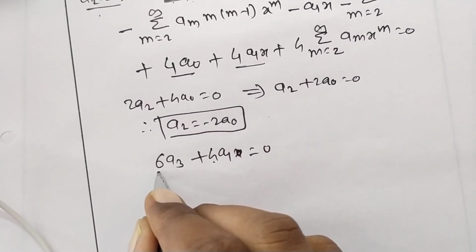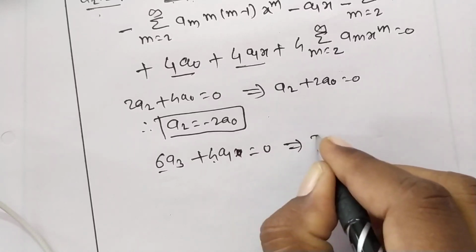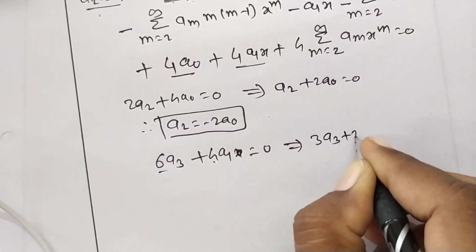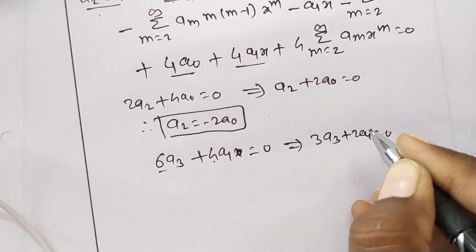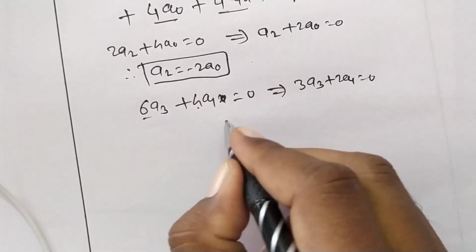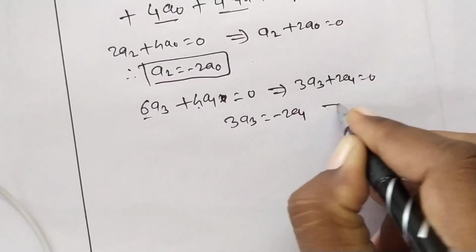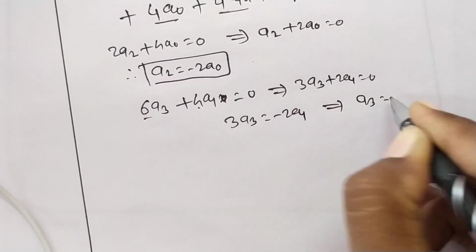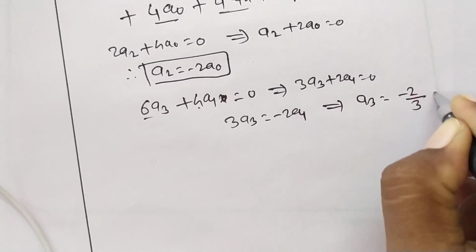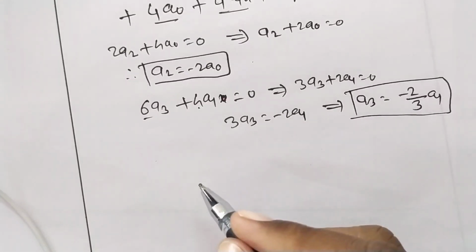Here 4a1, 6a3, so if you divide by 2, then this becomes 3a3 plus 2a1 equal to 0. So using this, try to write a3 in terms of a1, that is 3a3 is equal to minus 2a1. This implies a3 is equal to minus 2 by 3 into a1. So this is the value of a3.